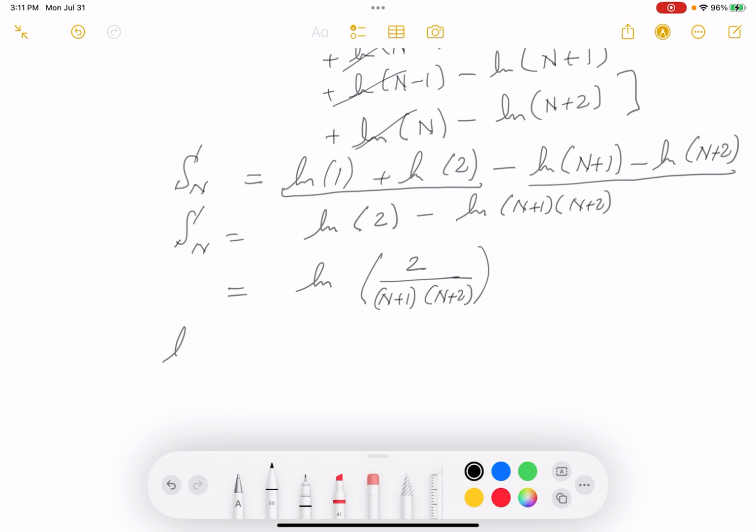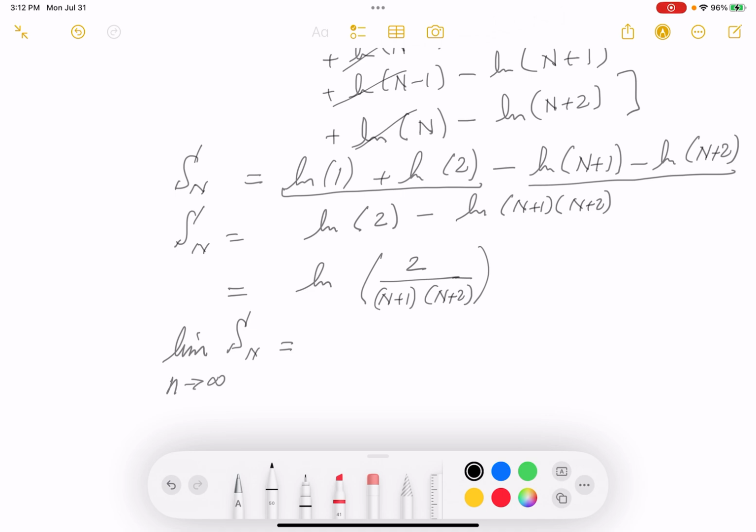All right, limit as n goes to infinity. Let me just think for a moment. Well, as n goes to infinity of S_N, what do I end up with?